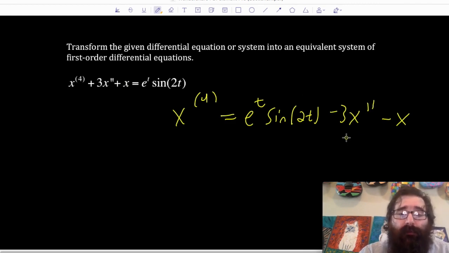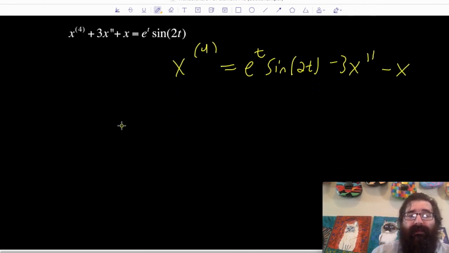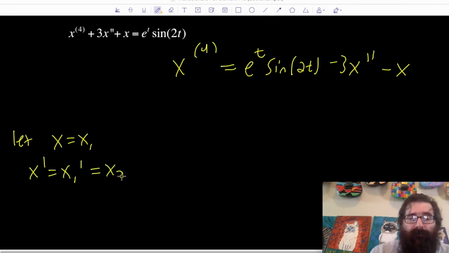Now I'm going to have to do a little bit more work to build all the way up to the fourth order derivative, but it's just following that same routine that we saw earlier. So I'm going to start by saying let x be equal to x sub 1. The derivative of this, x prime, is x sub 1 prime, and I'm going to call that x sub 2. And then differentiating again, x double prime is equal to x sub 1 double prime is equal to x sub 2 prime.